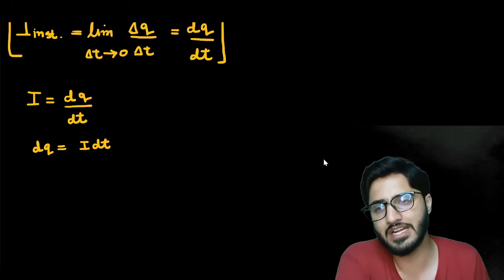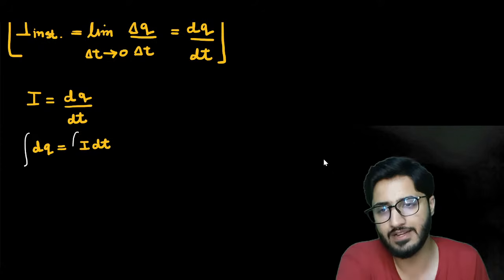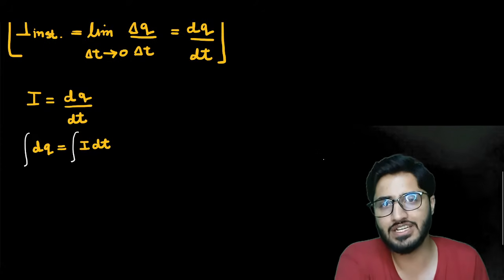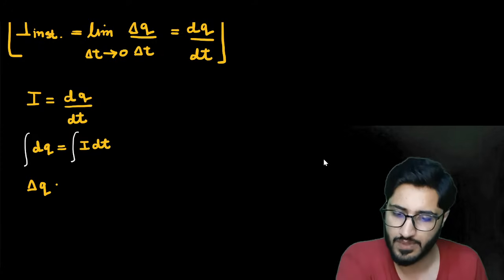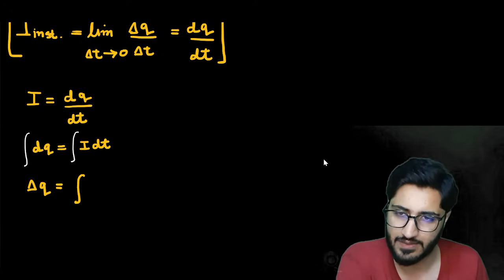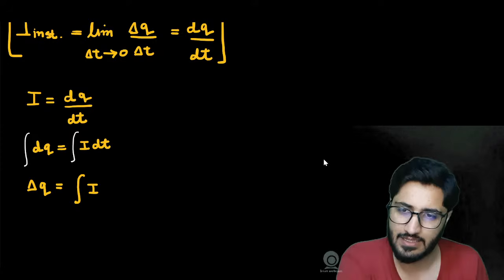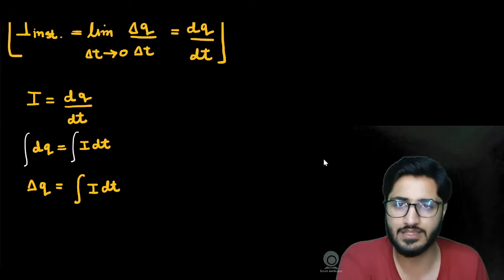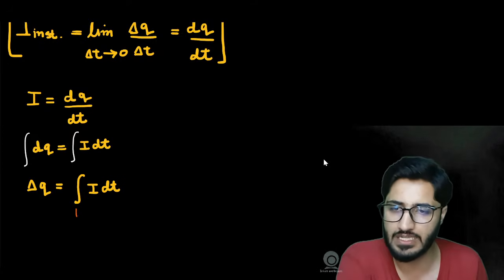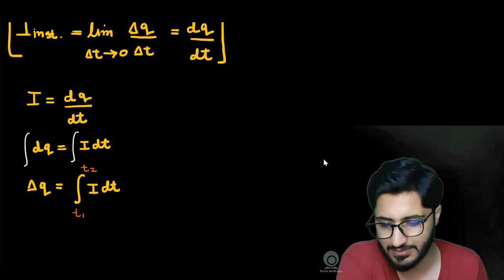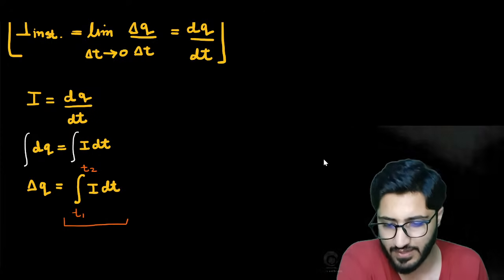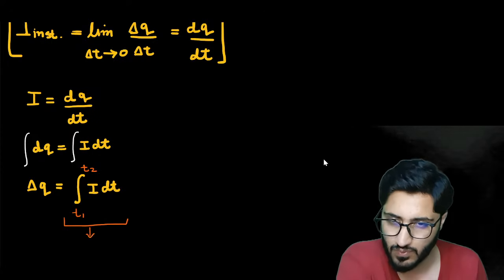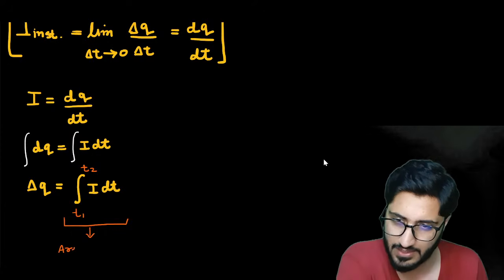If I integrate it, let's suppose I integrate it between the time interval t1 to t2. The integration of dq would be delta q, and integrate idt. So this thing represents area under curve.